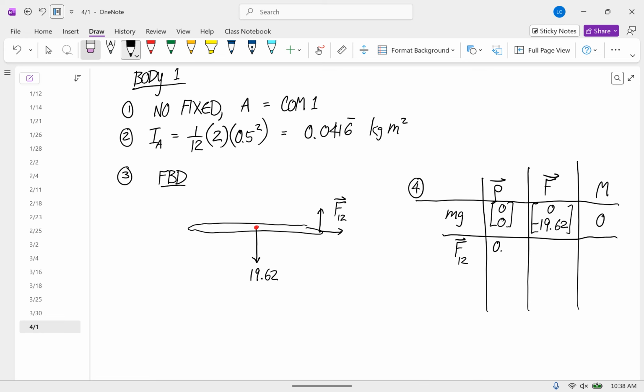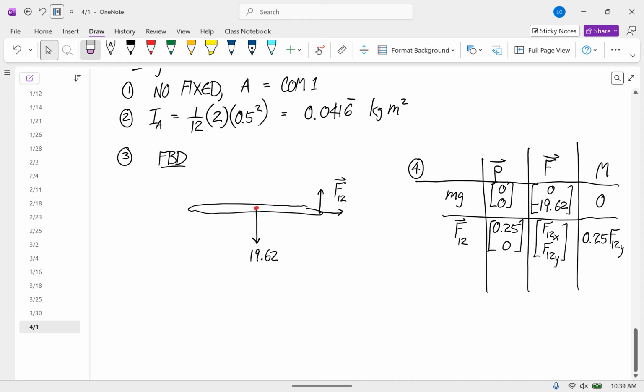So that's 0.25, 0. And the force vector is F12x, F12y. Cross product is 0.25 F12y. Okay.